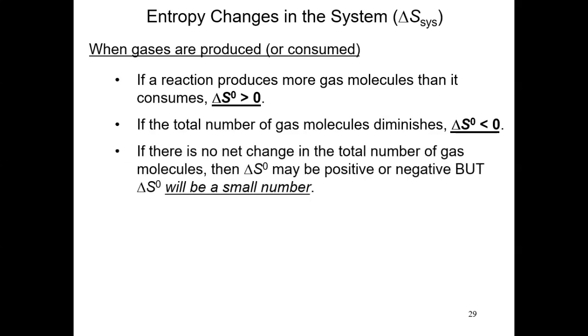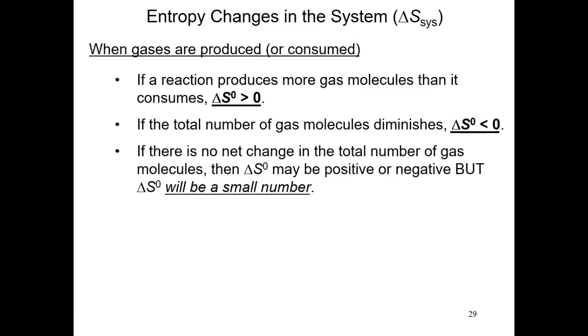Well, in that case, delta S may be positive or negative, but it is going to be a small number. In other words, in chemical reactions where gases are involved, the production and consumption of gas substances is going to be the driving force behind the overall entropy change of the reaction. So that's what it is.